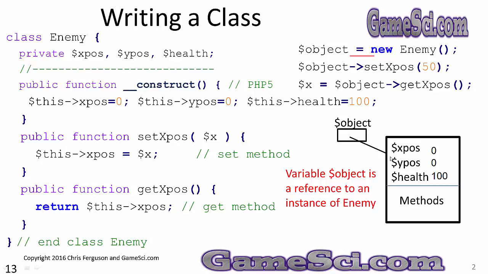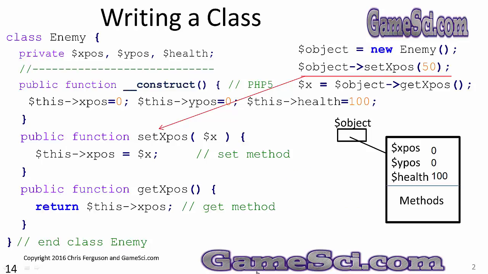It's a reference or a pointer or the location of where the object is in computer memory. And that equal sign says we want to reference that object that we built in computer memory using this variable $object. It's the way I want you to visualize it, as $object is a reference to the chunk of memory that represents this enemy object.